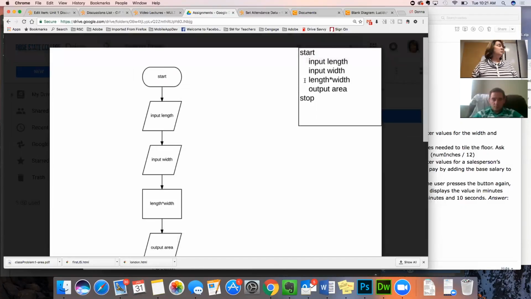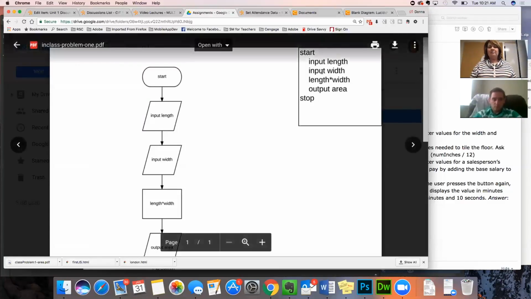You should have said area equals length times width. On the calculation, it says define area. That's all it was. You had the logic correct. You just forgot one step, which is, when you get to output area, you don't know what area is because you didn't define it up above.